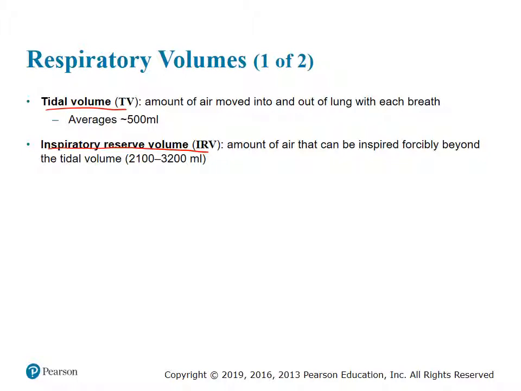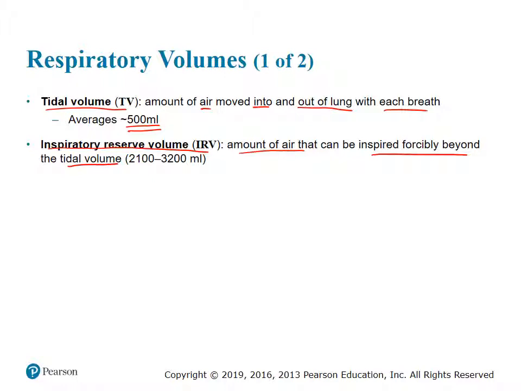Tidal volume, or TV, is the amount of air moved in and out of the lung with each breath, and that's about 500 milliliters. The IRV, the inspiratory reserve volume, is the amount of air that can be inspired forcibly beyond the tidal volume.